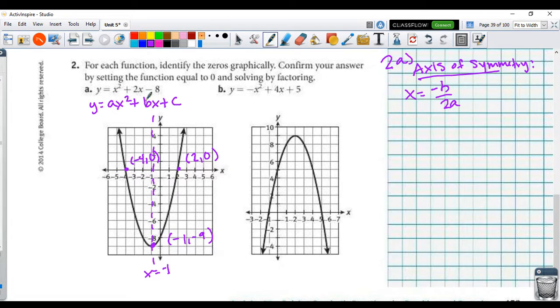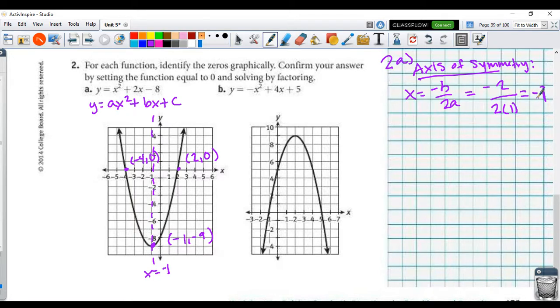So b in this equation is going to be 2, and a, if there's no number written in front of x squared, a is understood to be 1. So we're going to plug in 2 for b and 1 for a. So -2 over 2 times 1. We end up getting a -1. So our axis of symmetry is -1.